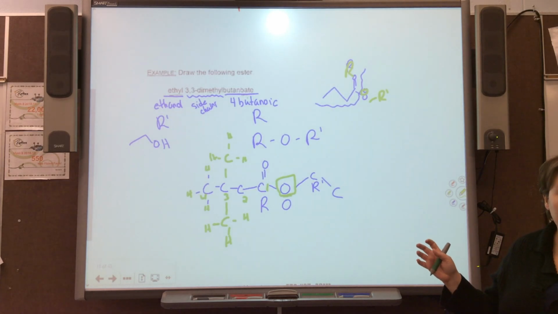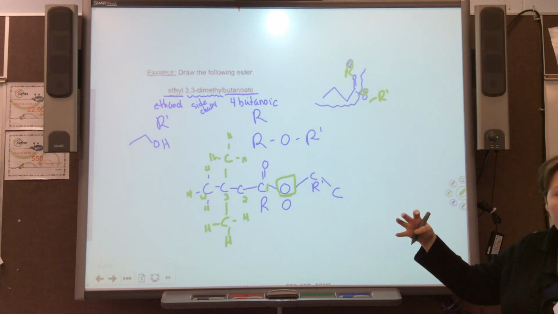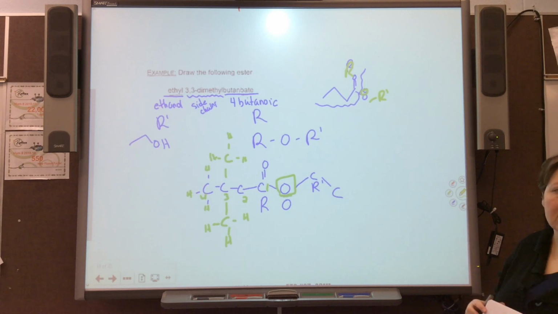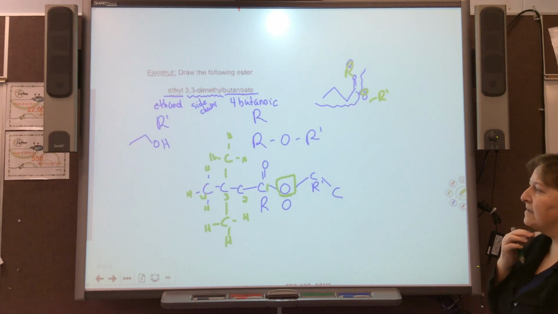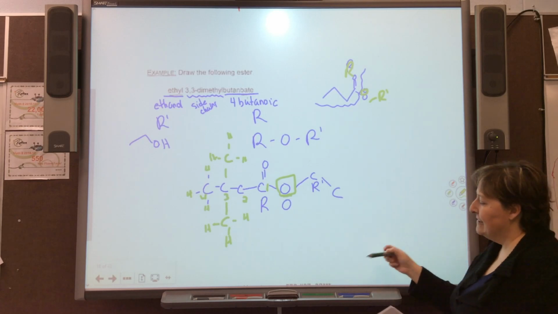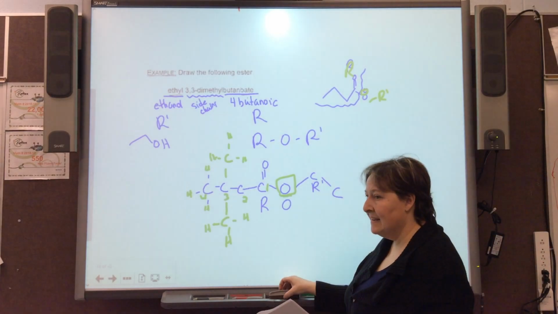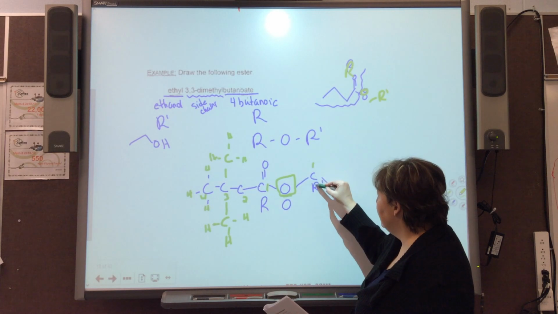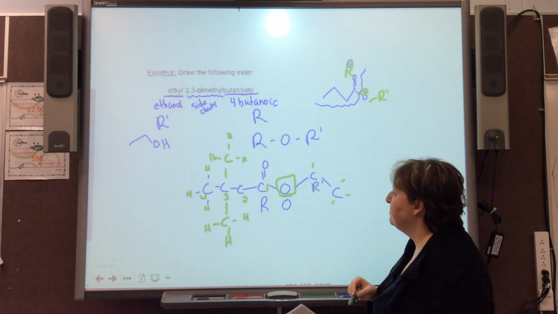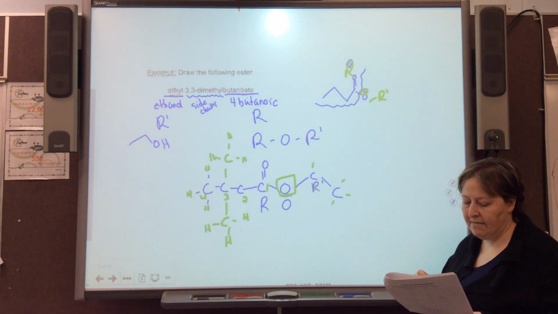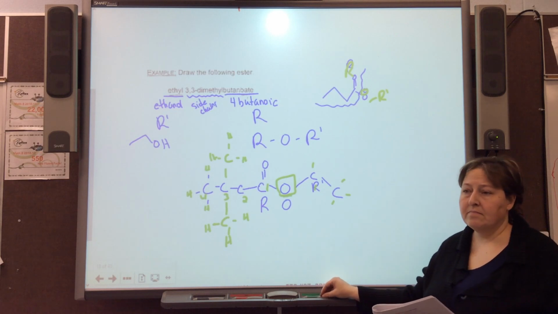We start reacting carboxylic acids and alcohol groups, and then you can see we do all kinds of reactions. So there's hydrogens here. Okay? Clear as mud? Yeah, pretty much.